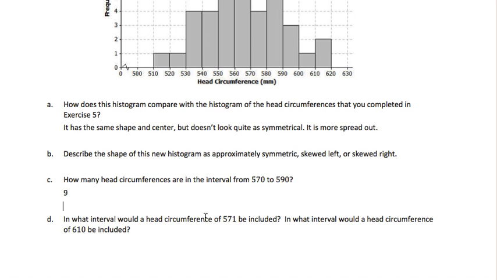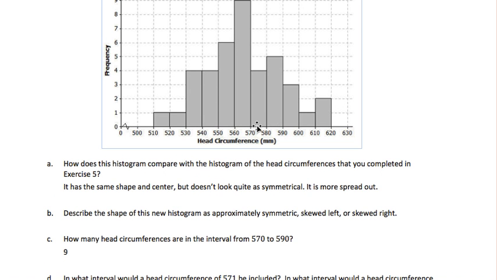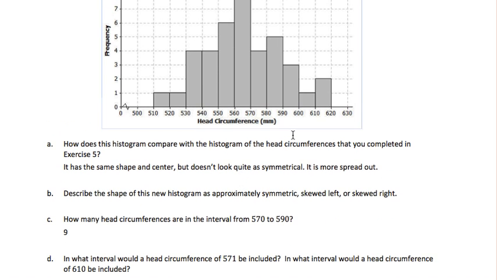And 571 would be included in the interval from 570 to 580. 610 would be found in the interval from 610 to 620, because when we think back to our original histogram, our starting number was included in the interval, but our ending number was not.